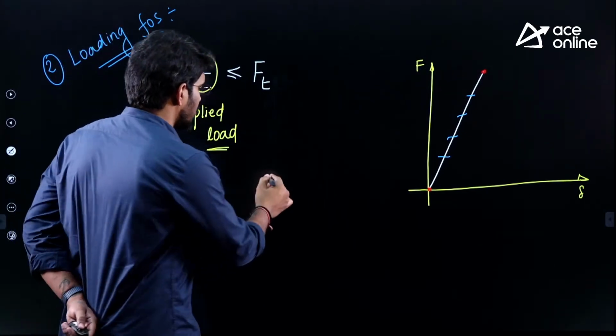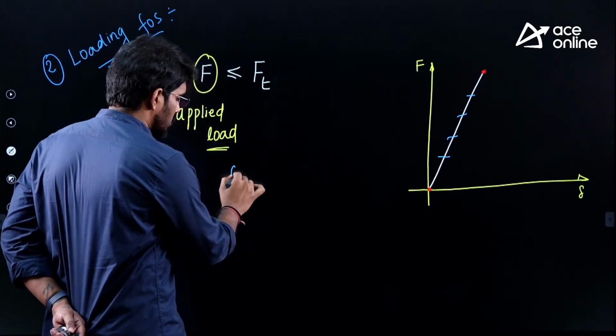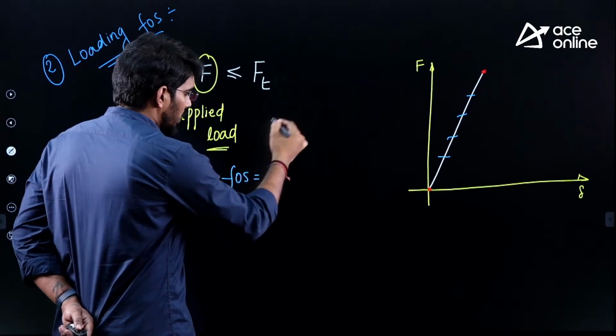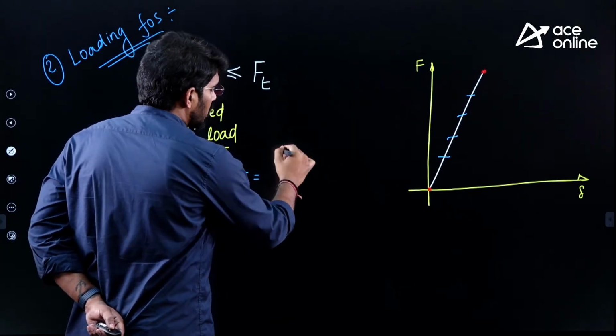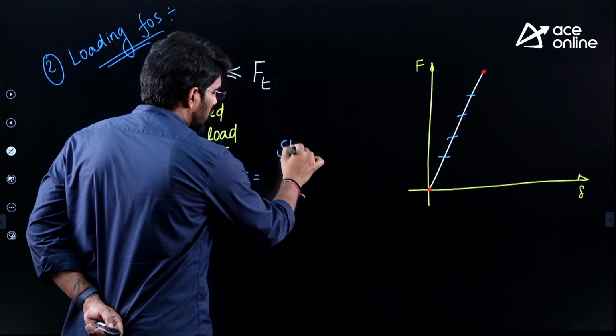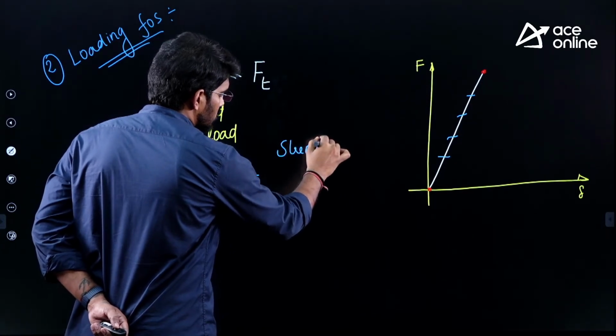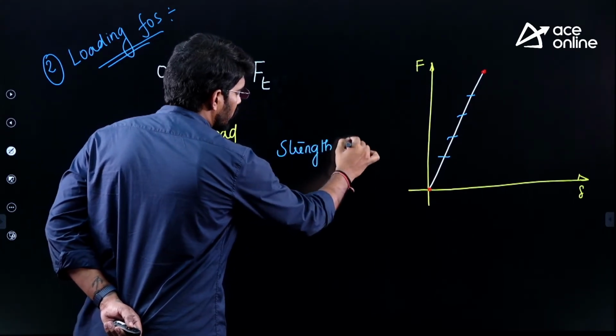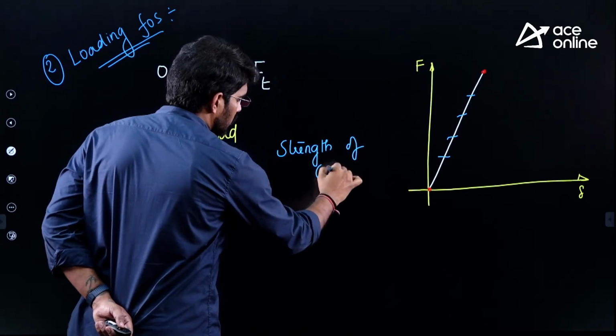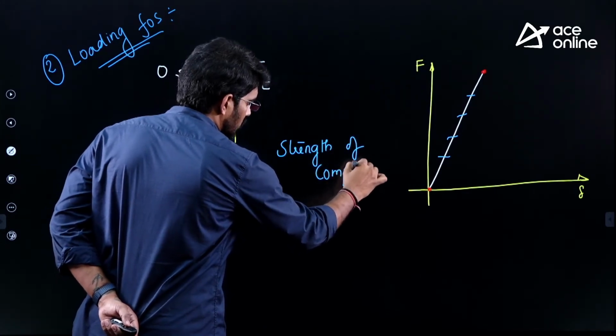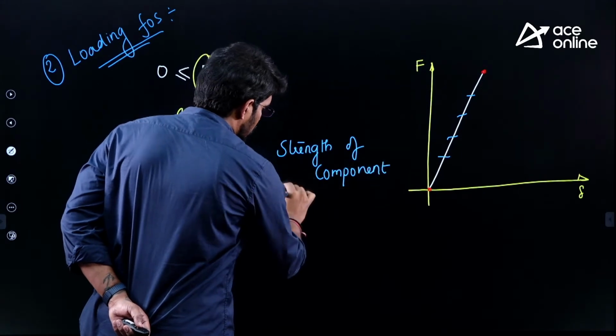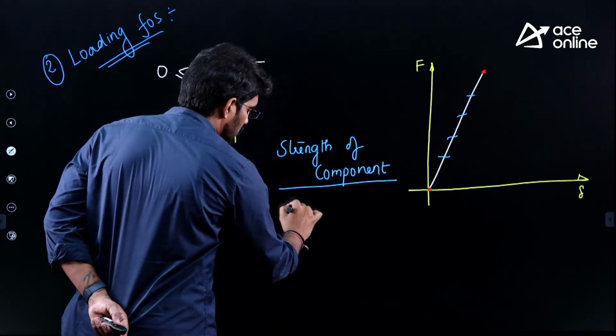So what is the equation for this? I can say that we have some capacity of the component, the strength of component, divided by applied load.